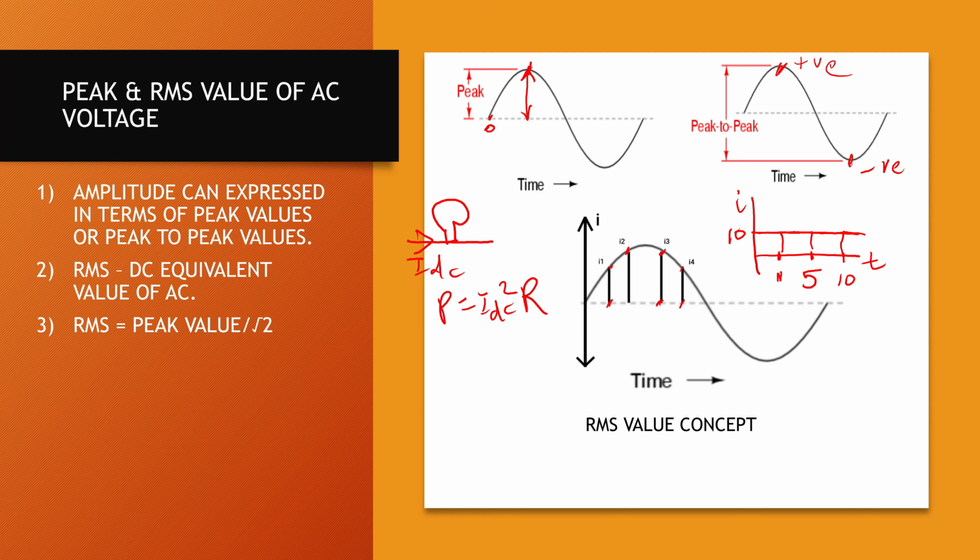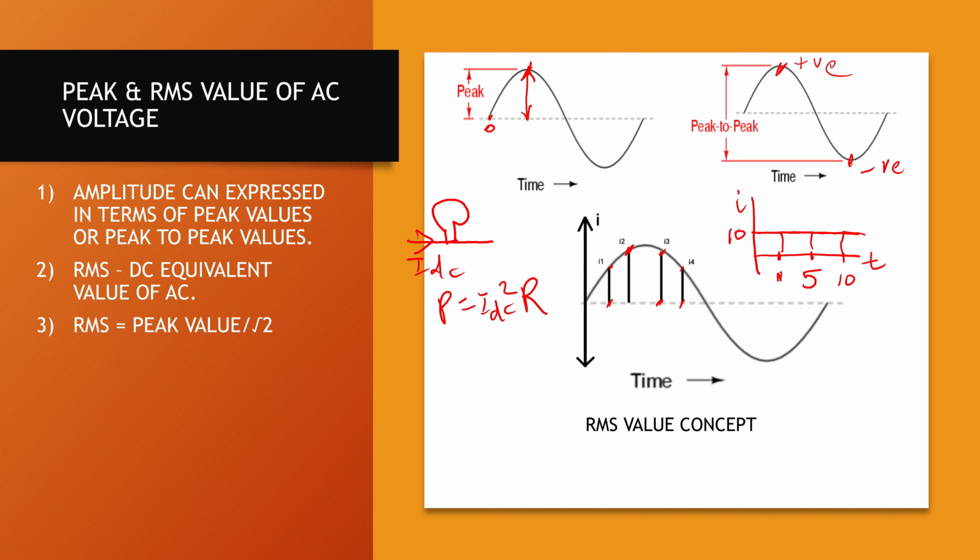This is the standard power formula. Now this power value for an AC waveform would be different at each point, because power over here would be I1 square R, power over here would be I2 square R, power over here would be I3 square R, and power over here would be I4 square R. So different values of power.